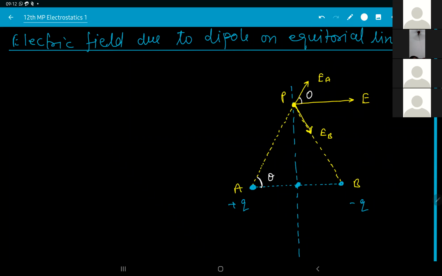That means this angle will be theta and this angle is also theta. So the angle between EA and EB is 2 theta. Suppose this distance is R, it is X, and it's L.